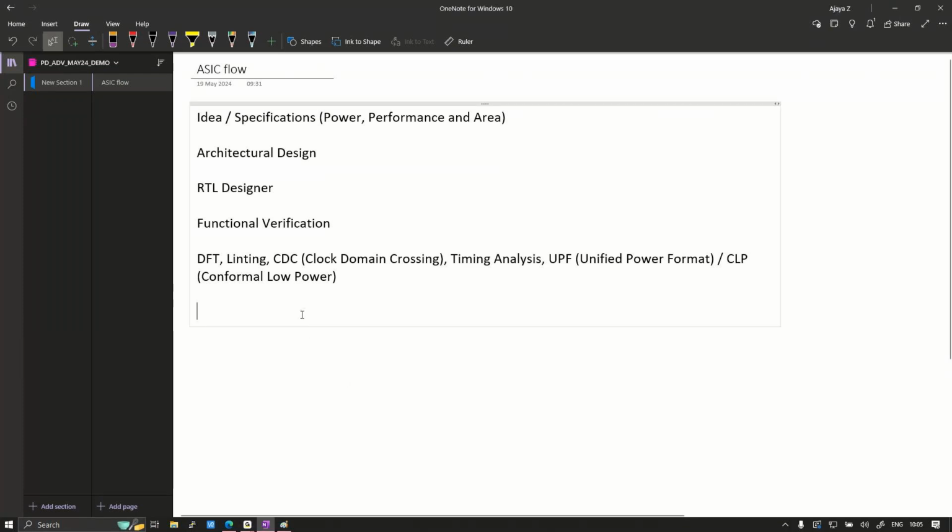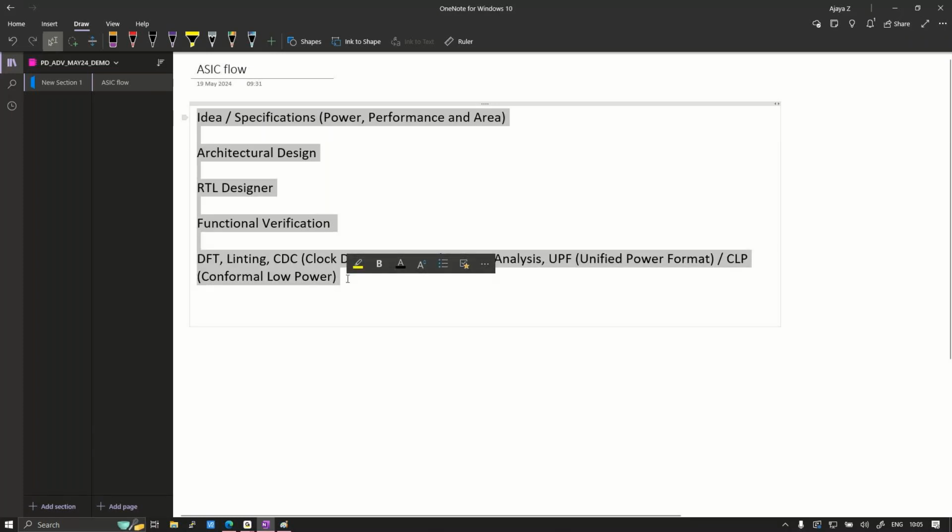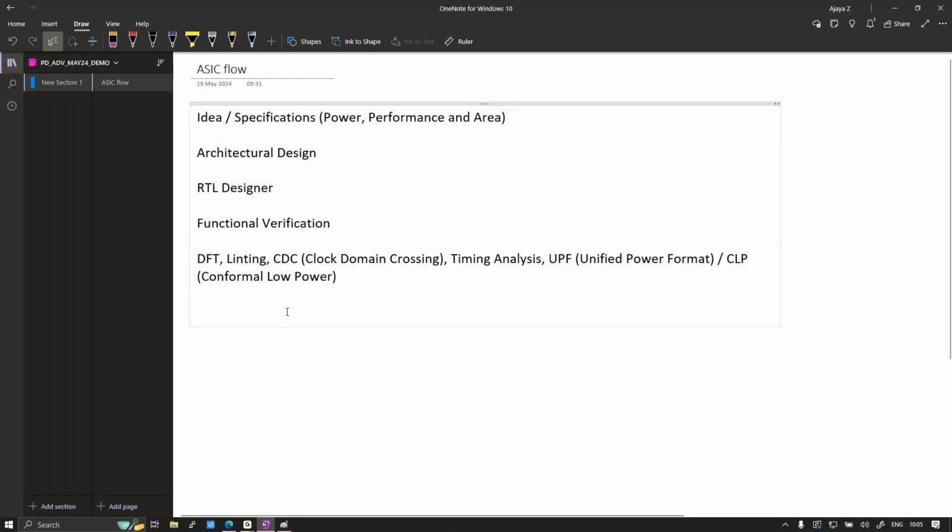Okay, so now DFT. Till this particular stage, we will be stating it as the front end structure. After this, our backend starts, where I need to first convert behavioral code. I cannot develop it directly, right? So I need to convert that RTL code into a gate level representation.